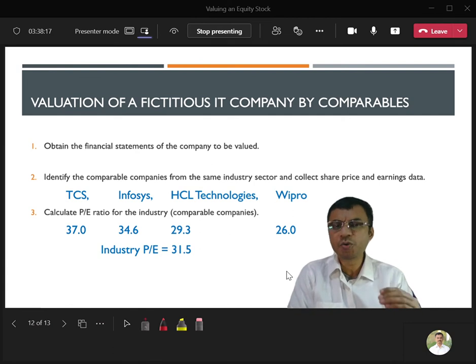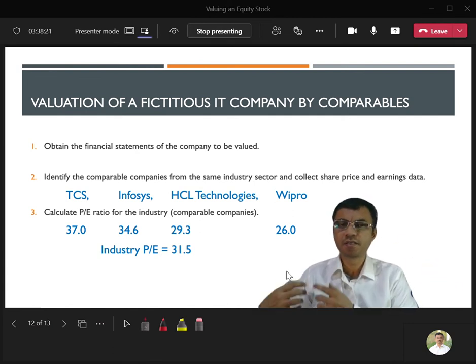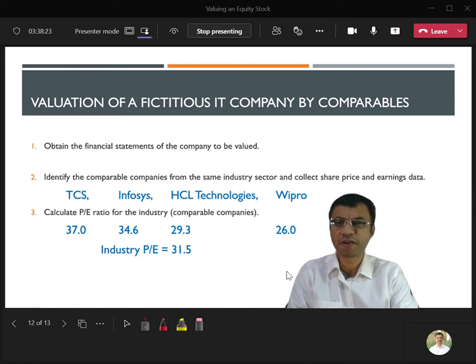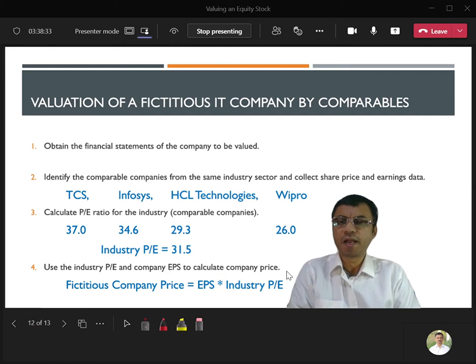Some companies may do a little better because of some specific factors. Some may be doing a little worse because of some other specific factors, but on an average it stays at 31.5. Now I will just use this with the EPS of my target company, and I'll get the share price of the company.